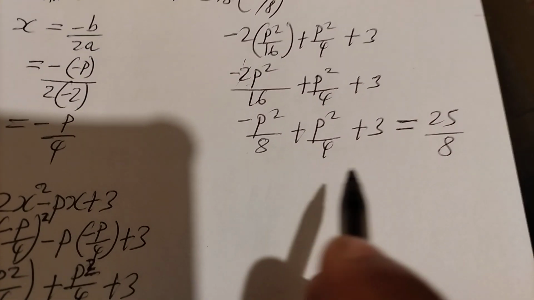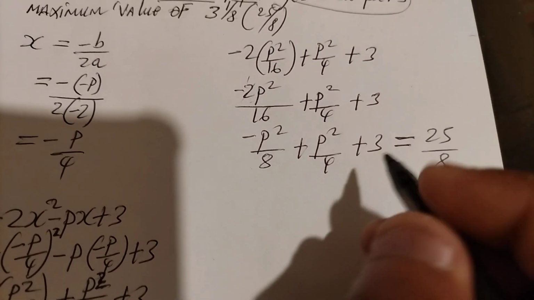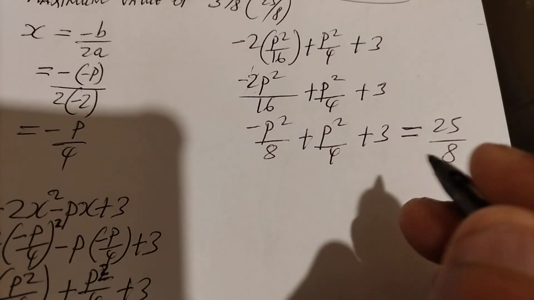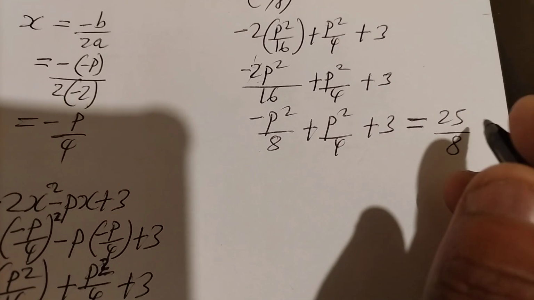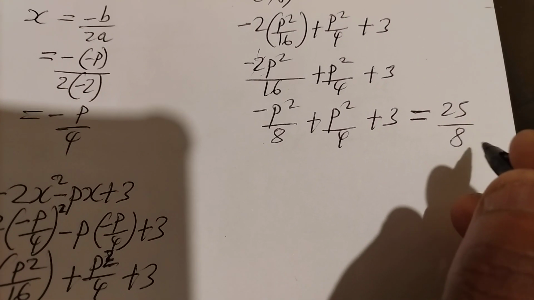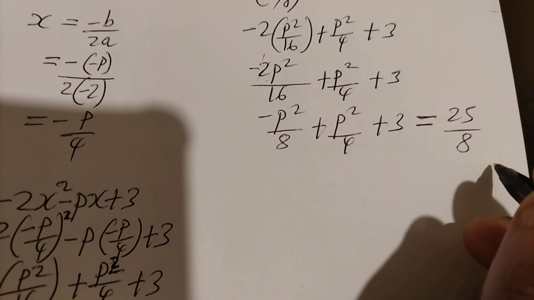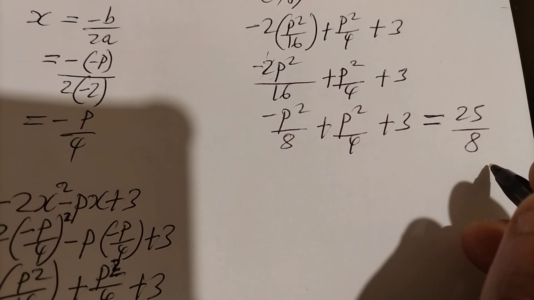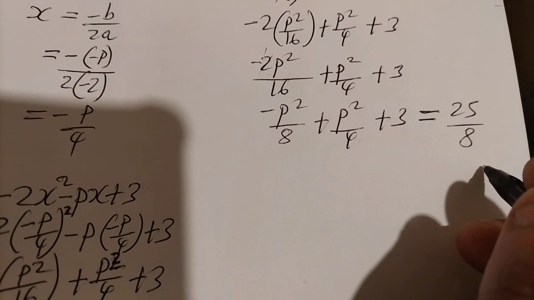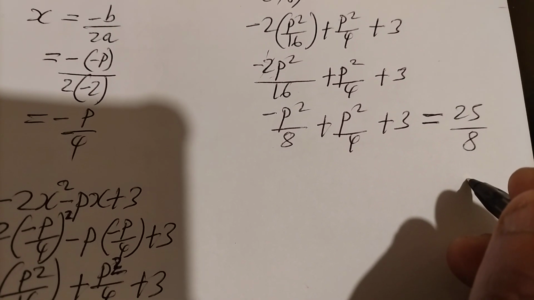Now, if we work this out, we take the 3 to the other side. So we say 25/8 minus the 3, and then we work out the value of that, and from there we continue to work out the rest.